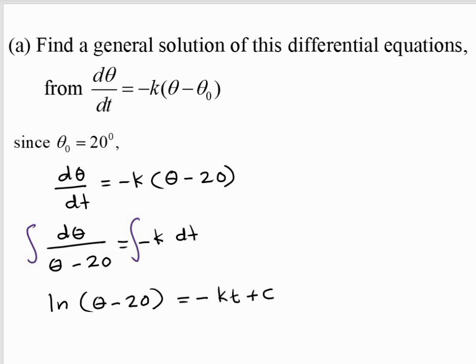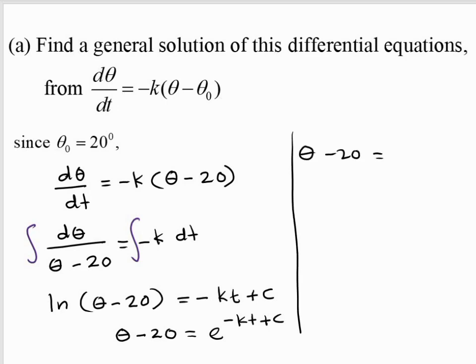So let's convert this to exponential form. Theta minus 20 equals e to the power of negative kt plus c. And then we have theta minus 20 equals e to the power of negative kt times e to the power of c.